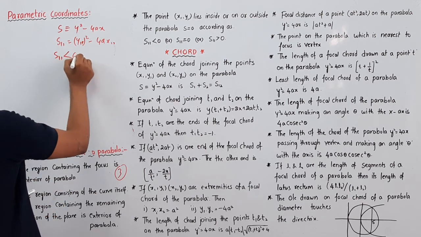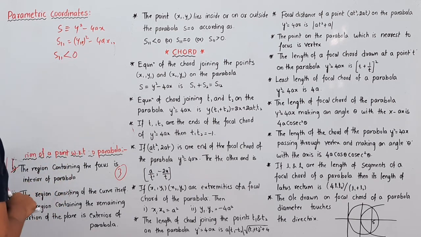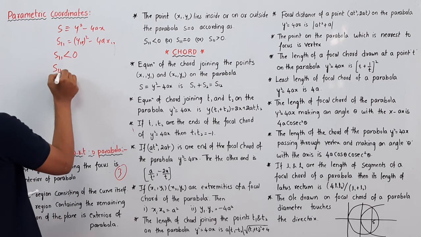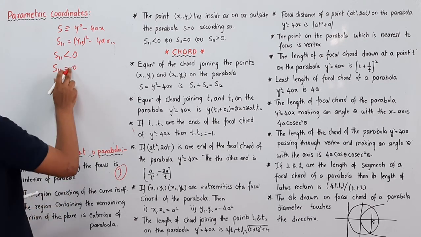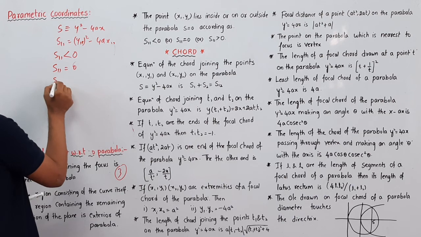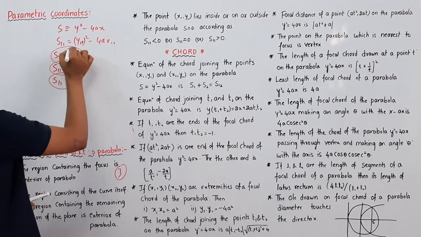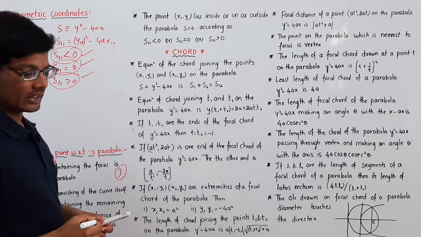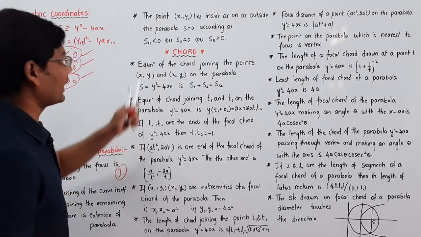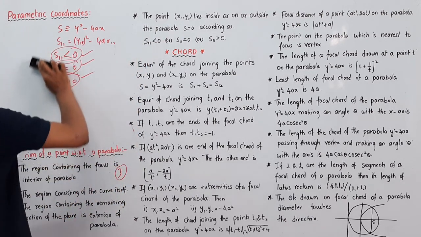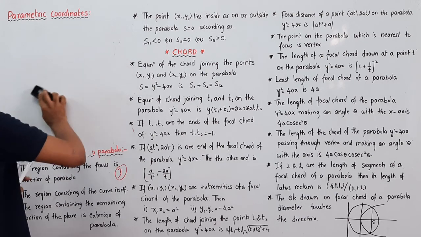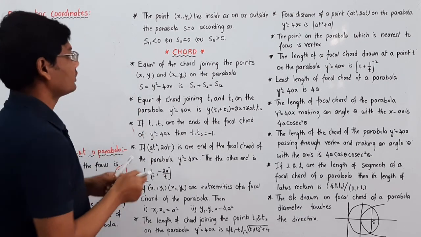If S11 is less than 0, it is inside of the parabola. If S11 is equal to 0, it is on the parabola. If S11 is greater than 0, it is outside of the parabola. These are the 3 cases we have for a point x1, y1 if you substitute in S11 of a parabola.